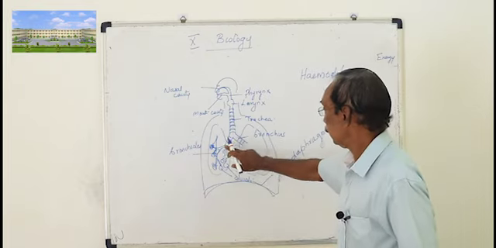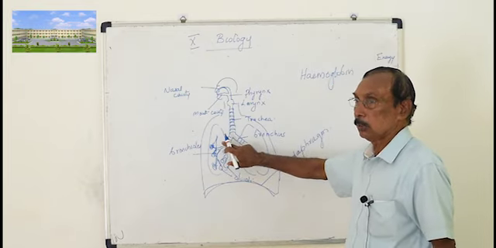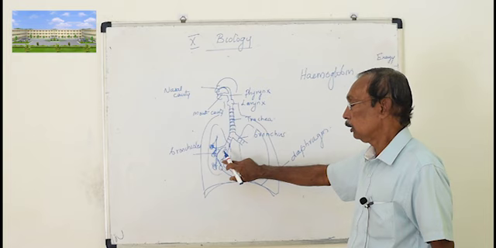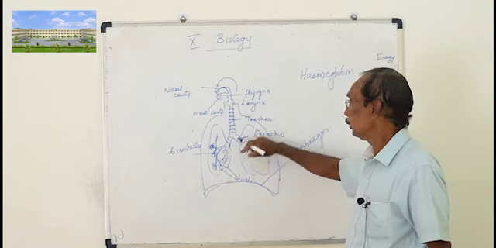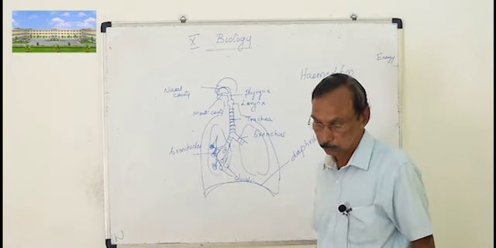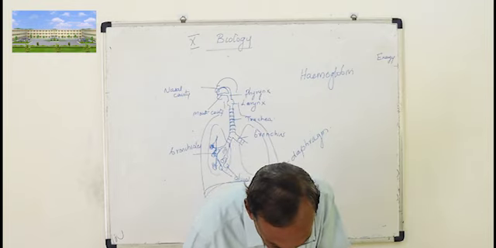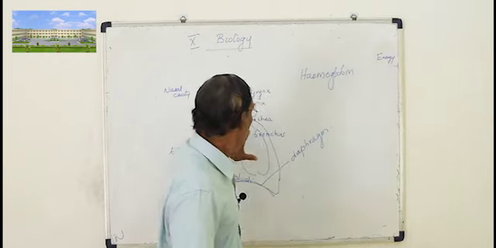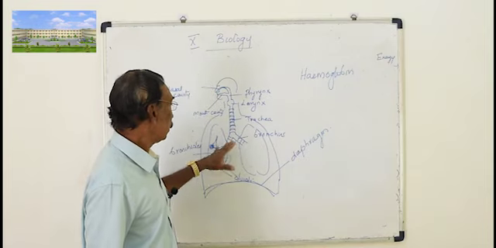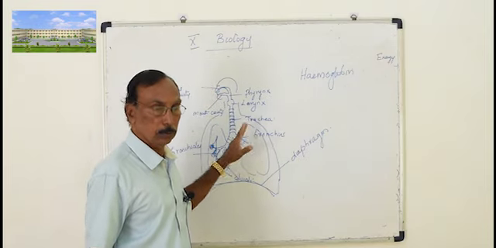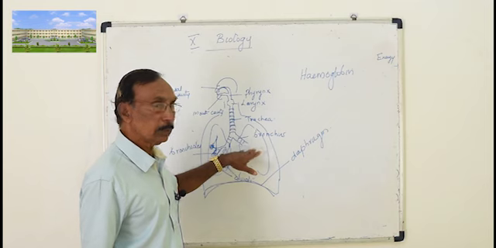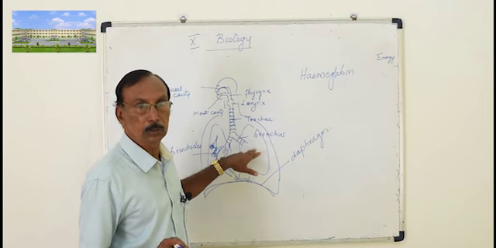The blood contains carbon dioxide, and this carbon dioxide will get into the alveolus and be transported out. So when you breathe out, a part of the air will still remain in the lungs.